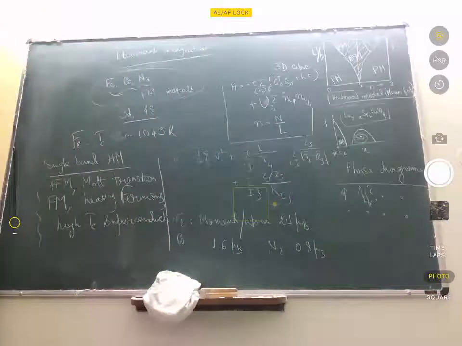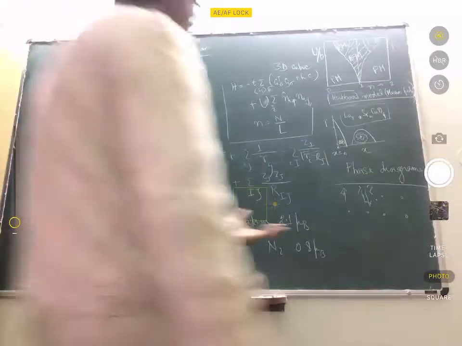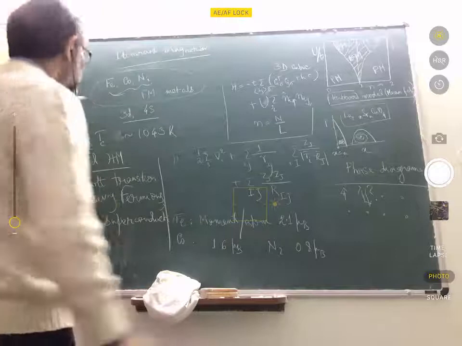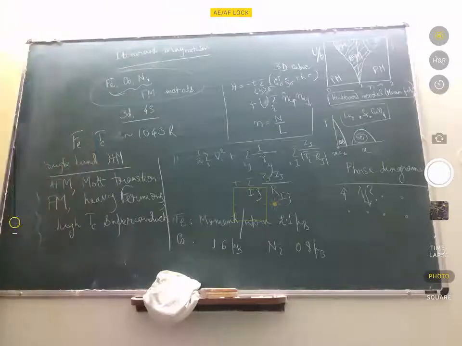So these fractional moments cannot be explained by the kind of discussions on the models we had earlier. That's a challenge that one faces, and one tries to explain this based on a simple Hubbard kind of model. So that's the idea.